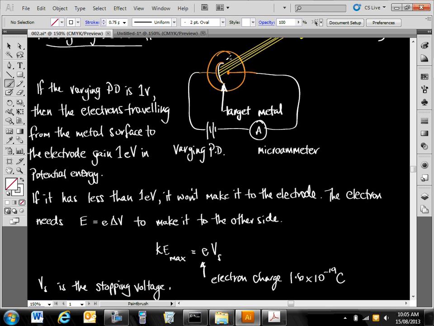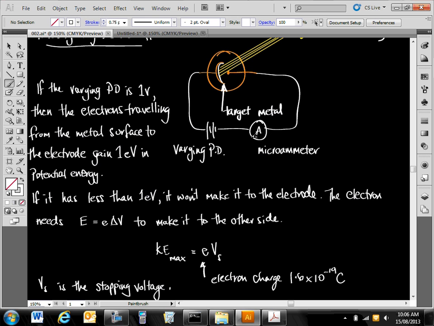Stopping voltage is that moment, or rather, that potential difference at which the electrons just don't make it to the electrode. Because we can't see those electrons in a real setup like we can in the applet, we see that the electrons are arriving at this electrode by the microammeter.